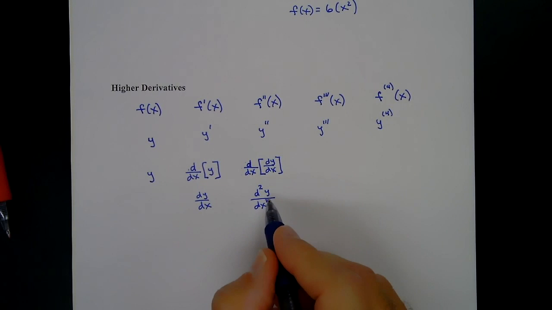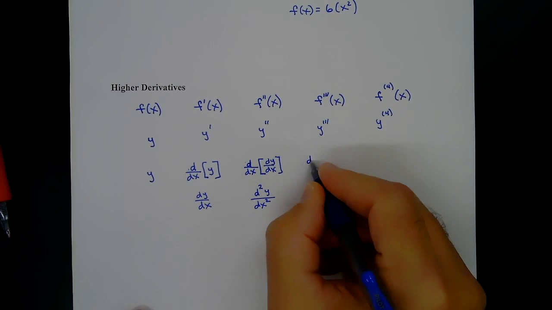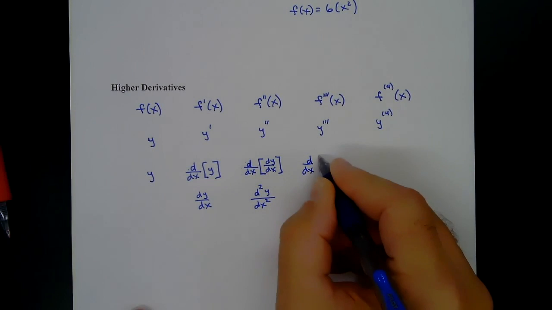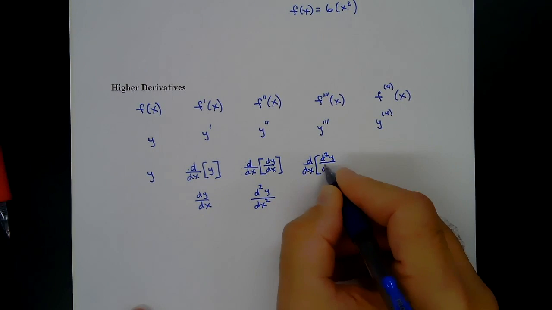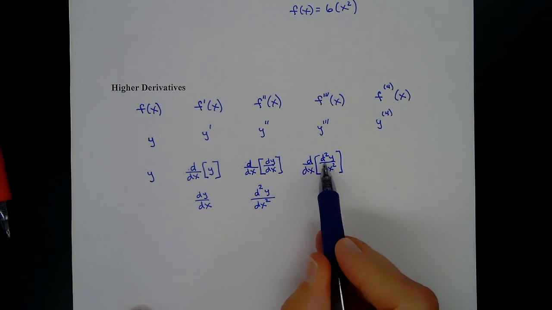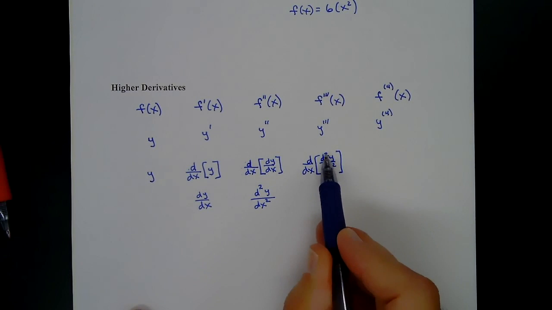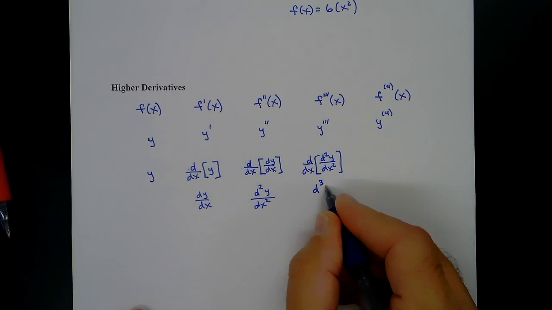Well, we have to take the derivative with respect to x of this one. So this becomes d dx of the second derivative of y with respect to x, and you see how this starts to look like d cubed. That's what it looks like, it's really not. It's the third derivative of y.